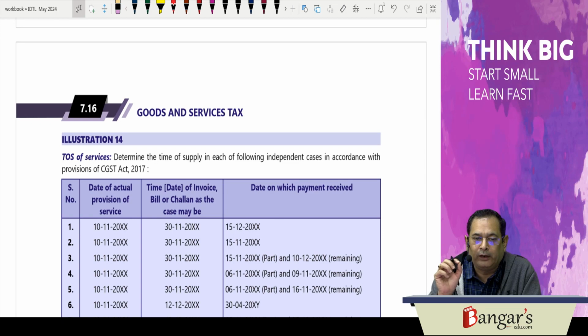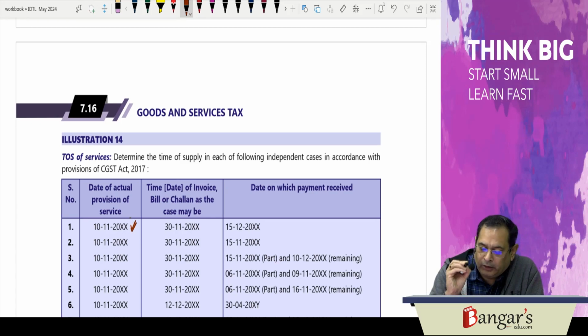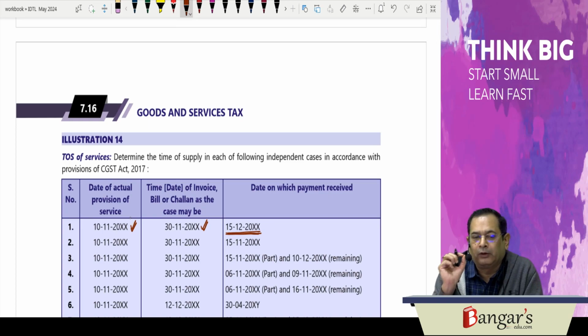The date of actual provision of service is 10/11. The date of issuance of invoice is 30/11. The invoice is issued within the time limit. The date on which the payment is received is 15/12.